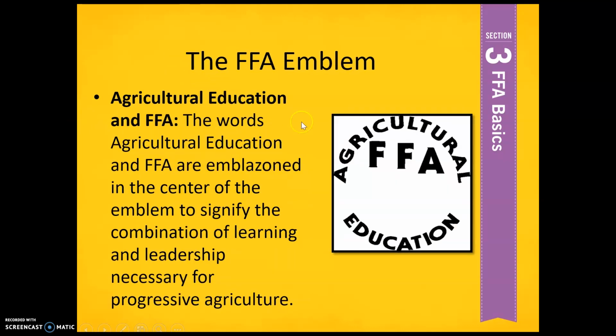And then finally, you'll see the words agricultural education and FFA. That signifies the combination of those two things. We talked about that three-part model of ag education: classroom instruction, FFA, and SAE. And this kind of shows the relationship between those two things.